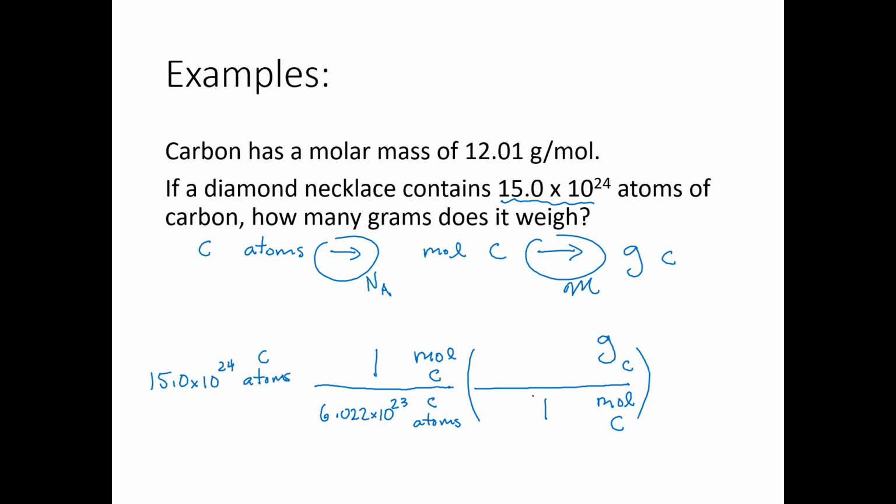Well, this is our definition of molar mass, and we can look this up off the periodic table. In this case, it's given to us right here. 12.01 grams of carbon for every 1 mole of carbon. Different things weigh different amounts, but for carbon, this is what it is.